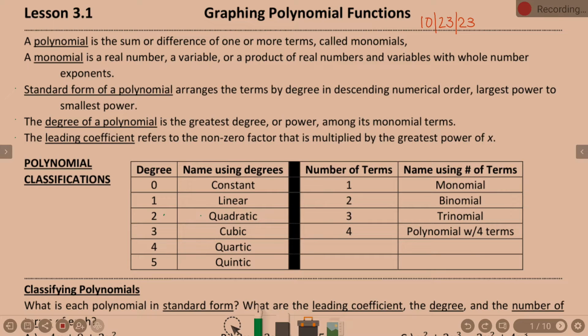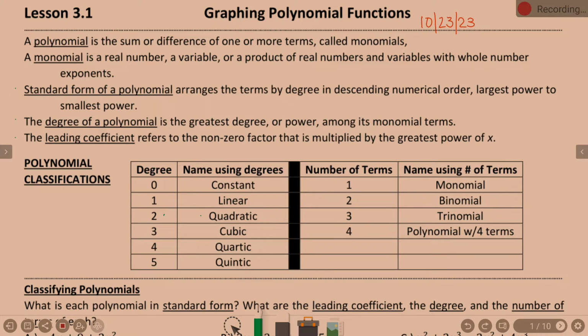If the highest degree is 3, it's a cubic. If it's 4, it's a quartic. If it's 5, it's a quintic. You would probably know linear, the y equals mx plus b form. So y equals 6x minus 7 is linear, the highest degree is 1. And if the degree is 0, that's basically saying there is no x, so it's just a constant, because it's just a number.